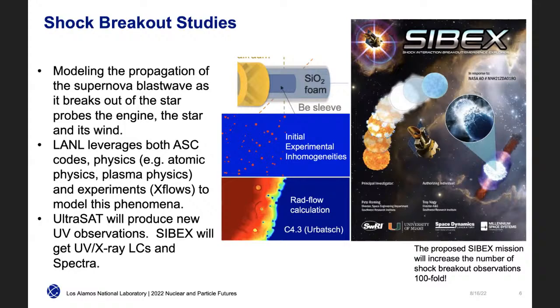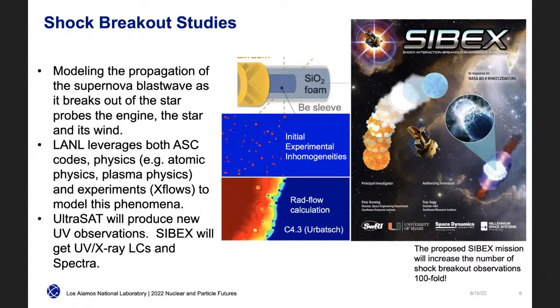And the interesting feature here, so my main job at Los Alamos is I model laboratory experiments. So I try to understand what's going on in laboratory experiments. I did not come up with this experiment, but I realized, oh my goodness, this is going to help us with our astrophysics. I was modeling the radiation front through this inhomogeneous rad flow, and the experiment itself is about a centimeter in size, so it's very tiny.